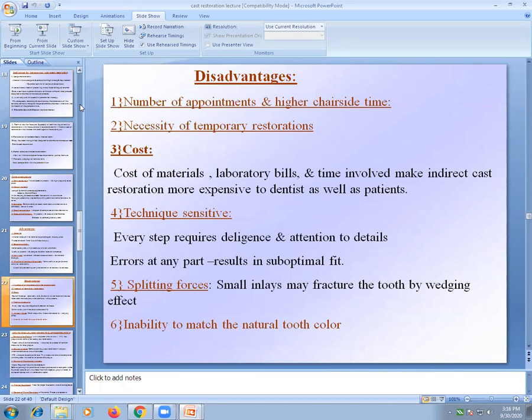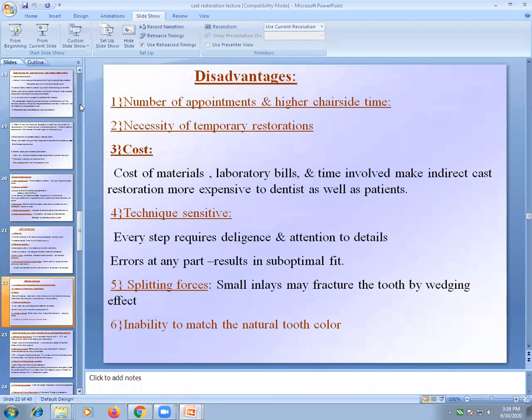Again, it is very technique sensitive because it requires multiple steps. If we go wrong in any of the steps, it will be very difficult to correct that. What happens if we do a normal class 1 cavity preparation?